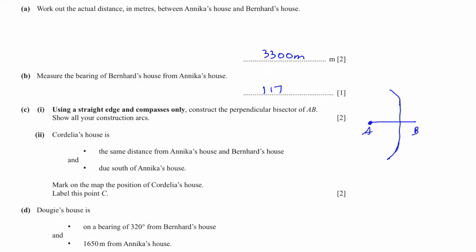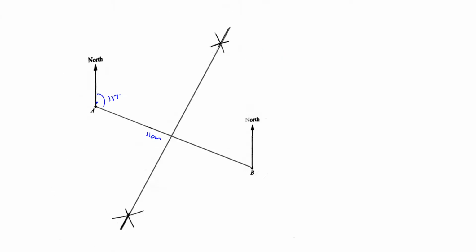With the same width of the compass, make the arc from B. You can make arcs like this or join the arc. And then when you are done, join the midpoints of the arcs. So that's your perpendicular bisector. So this is the perpendicular bisector of the line AB.